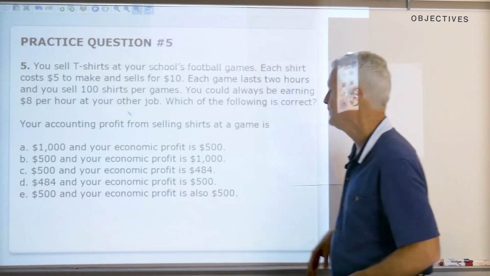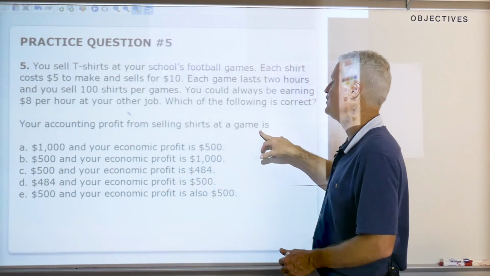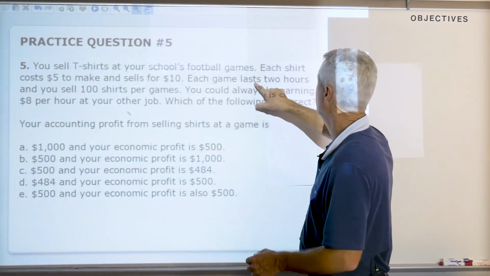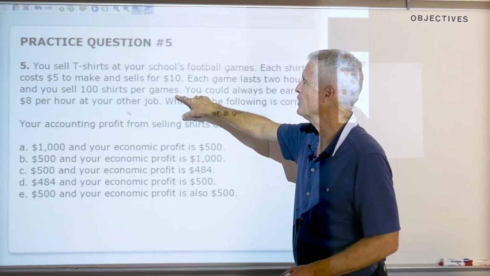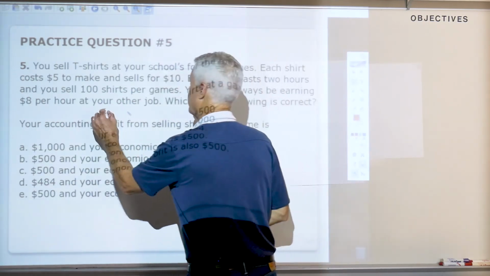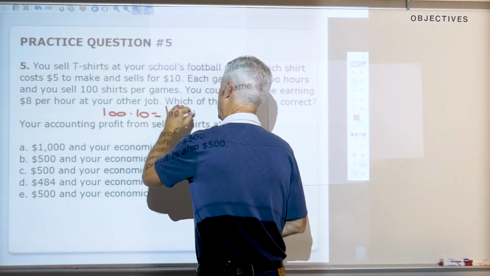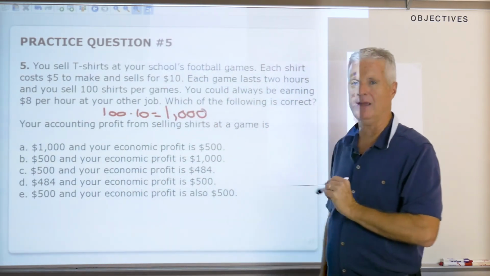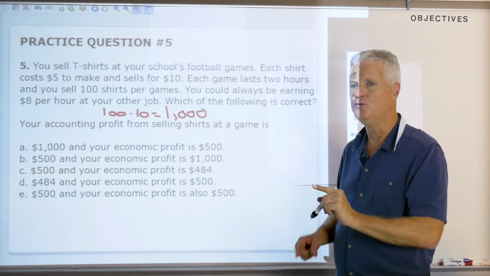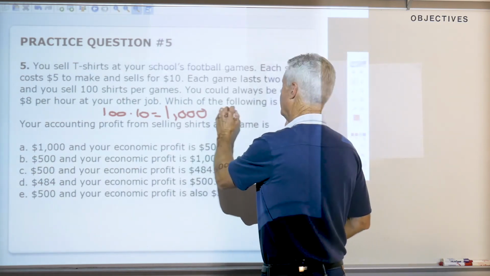And we're back. Okay, your accounting profit for selling shirts is, okay, here we go. 100 shirts per game, $10. That has a name. What's that name? Total revenue.